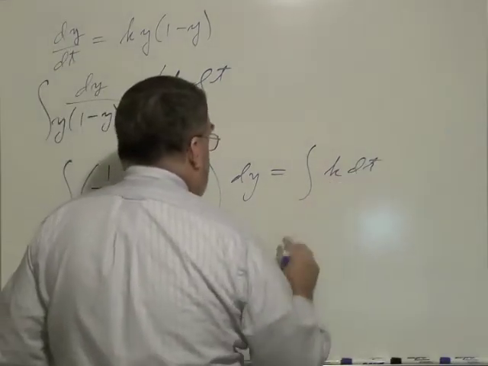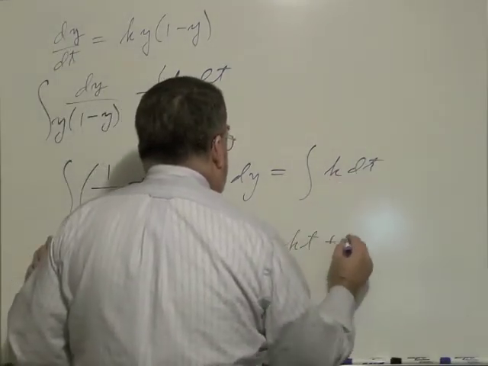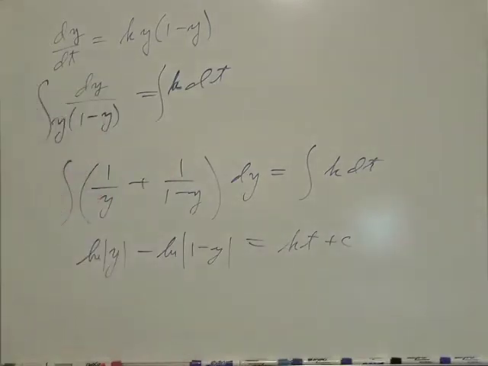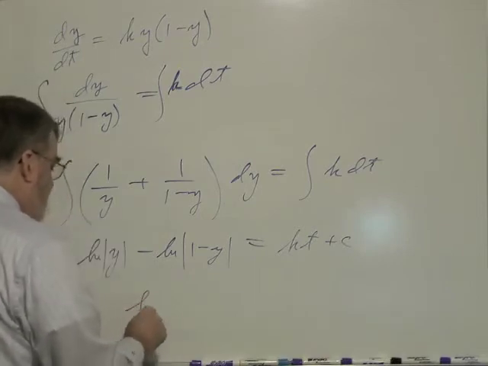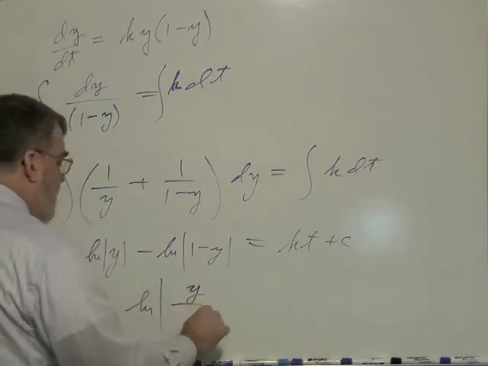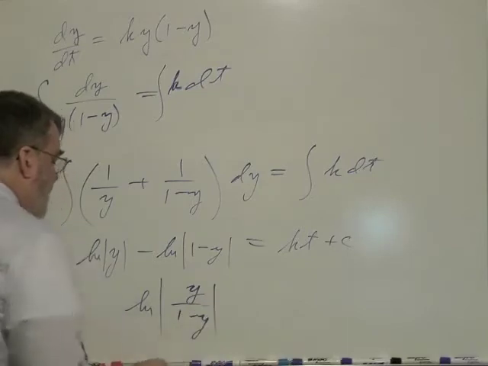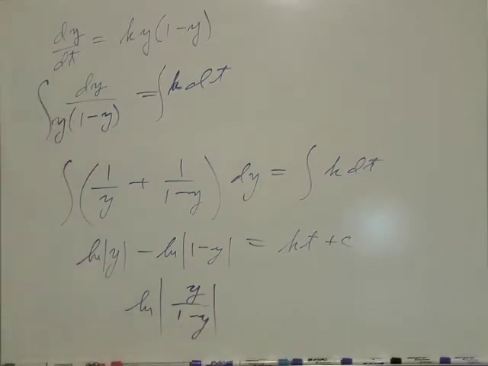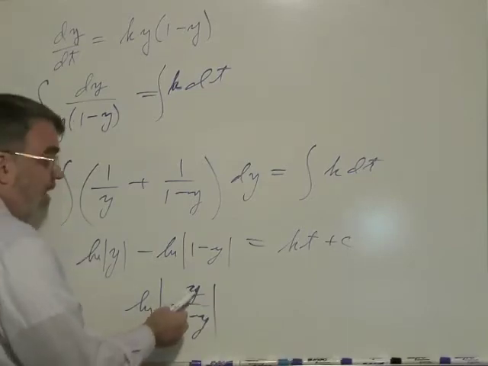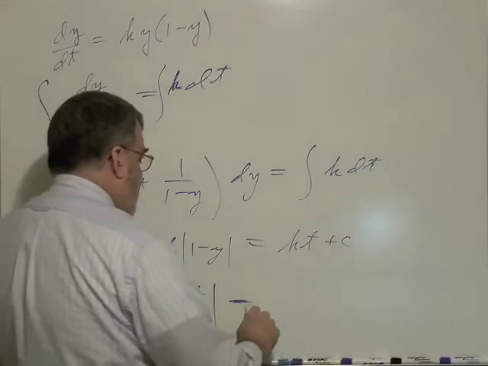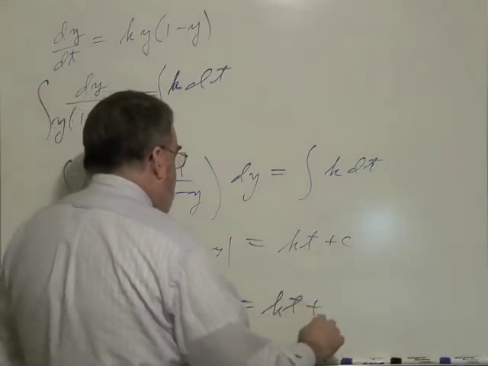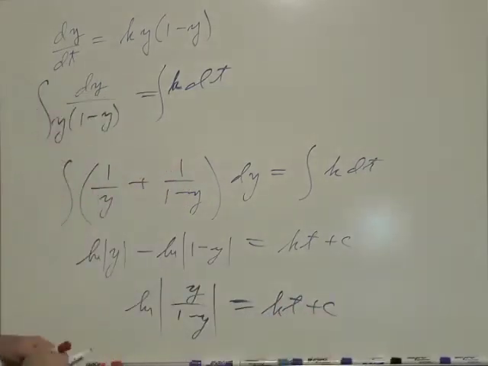That equals kt plus a constant. So at this point we can combine our logarithms: natural log of the absolute value of y over 1 minus y. And I don't think I really need to worry about the absolute value because y is positive and 1 minus y is positive. Equals kt plus c.